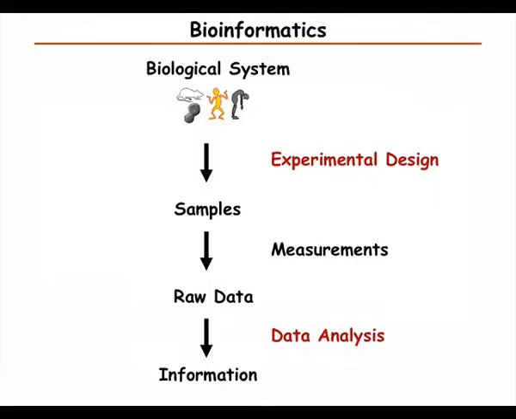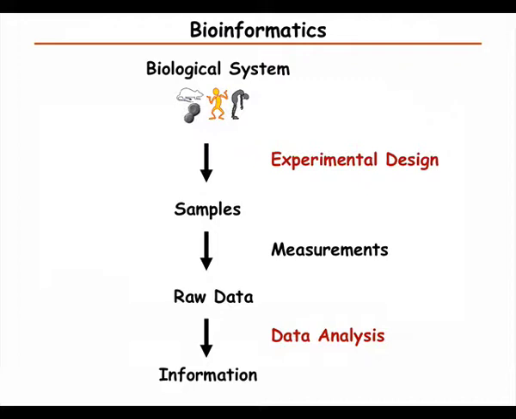So if we then look at where bioinformatics fits in biological experiments: we have a biological system that we study, and the first place where bioinformatics comes in is the experimental design. It's often forgotten that one should think already when doing the experimental design about what kind of data one needs and how one will later analyze it.